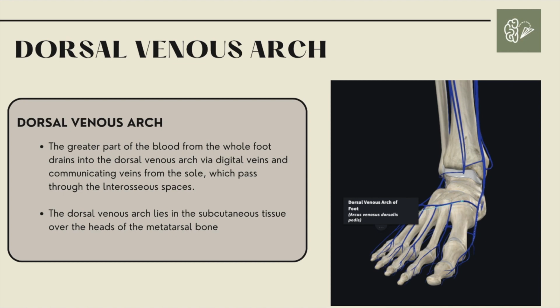The dorsal venous arch is formed by the fusion of the deep veins of the different toes. You can see the big toe, the second, the third, each one of them has a deep vein, and all of these deep veins are going to fuse together and form this semi-lunar or semicircular structure that is called the dorsal venous arch.